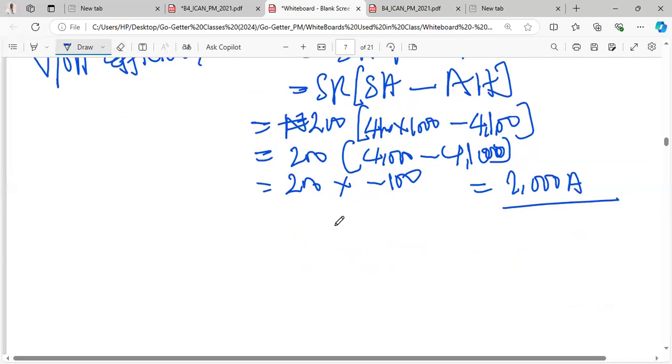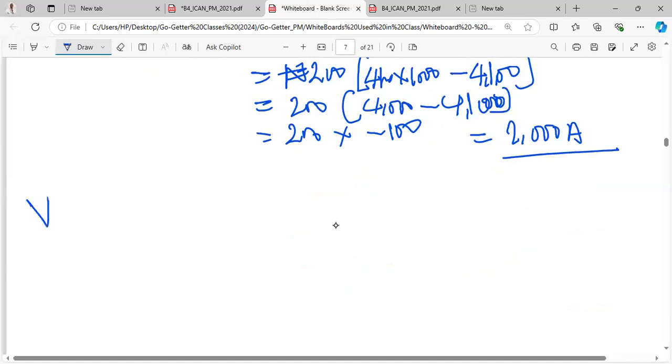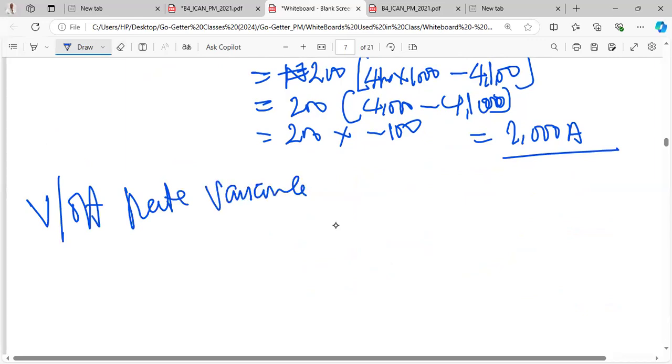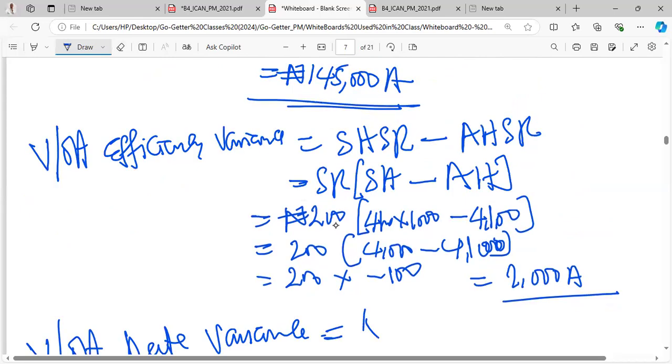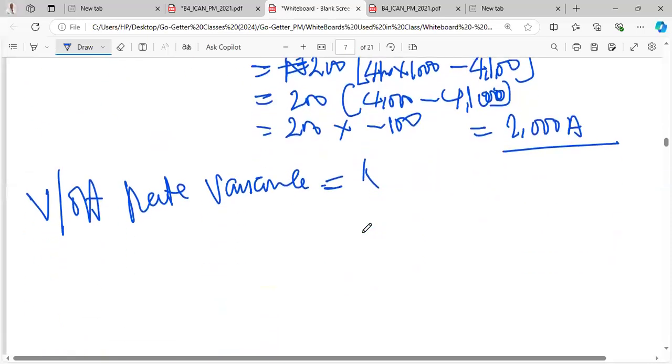Then let's look at variable overhead rate variance. We said the rate variance is actual hours, standard rate minus actual hours, actual rates.